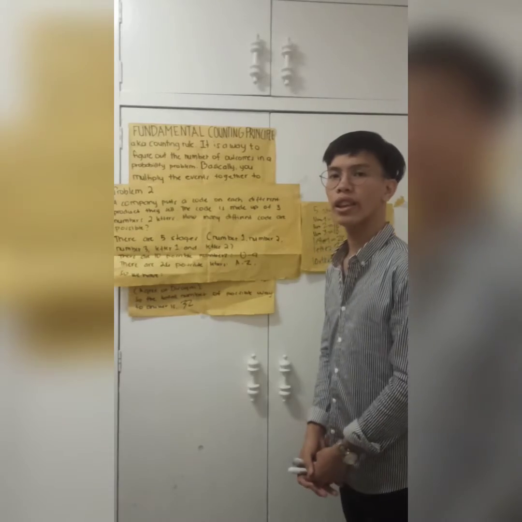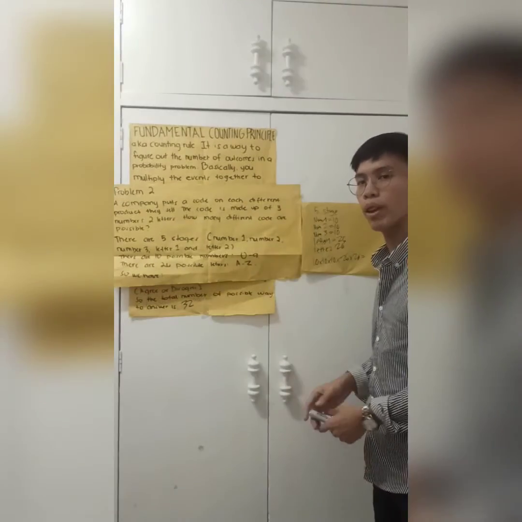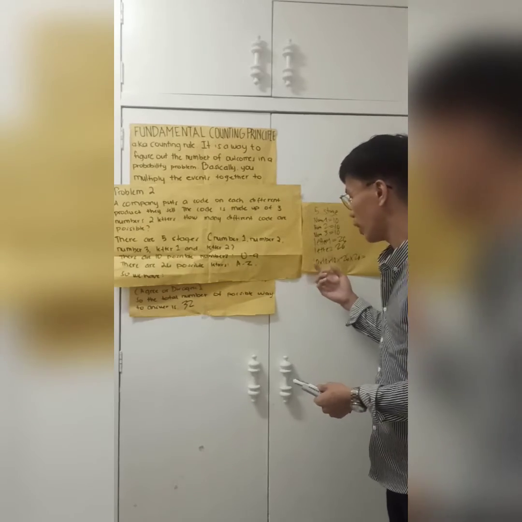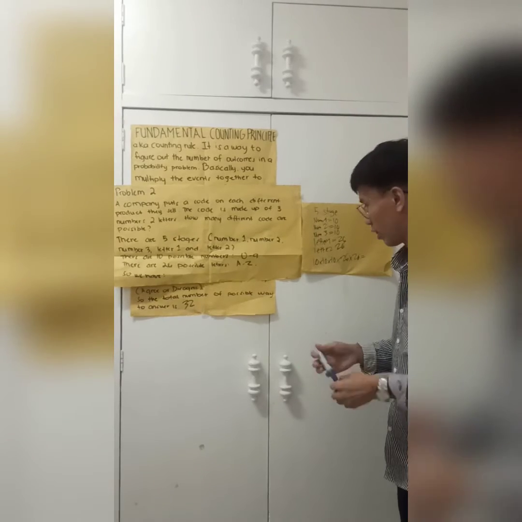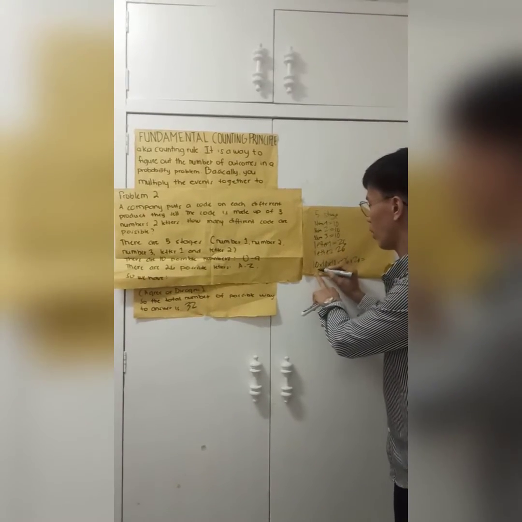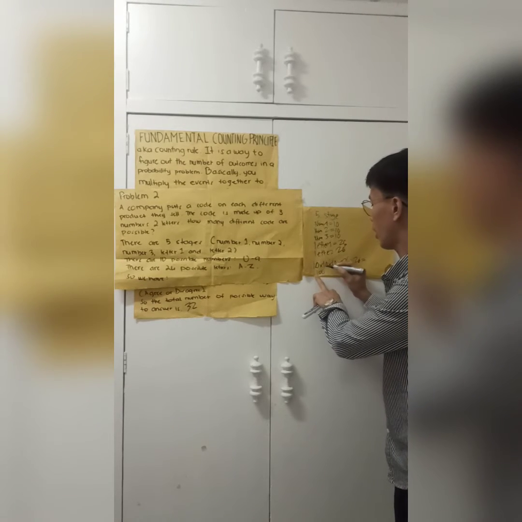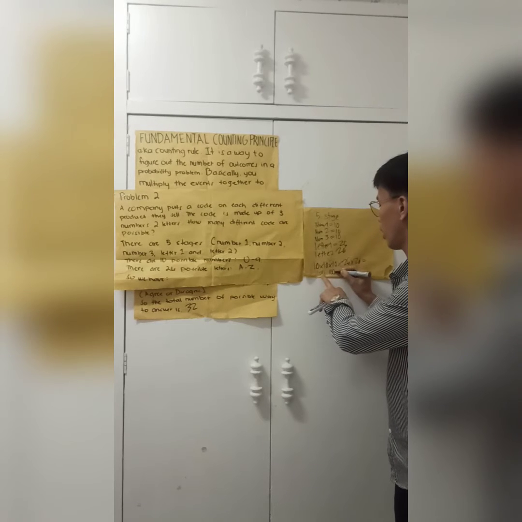Based on what we discussed in problem number 1, we multiply one by one. 10 times 10 is 100. 100 times 10 is 1,000.